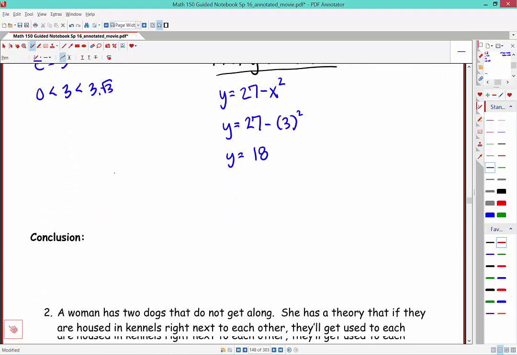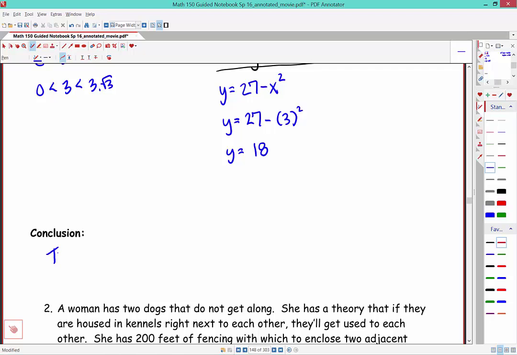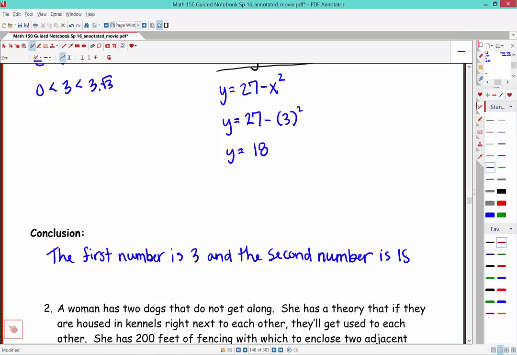Writing our conclusion in words, we can say the first number is 3, and the second number is 18, and we're all done.